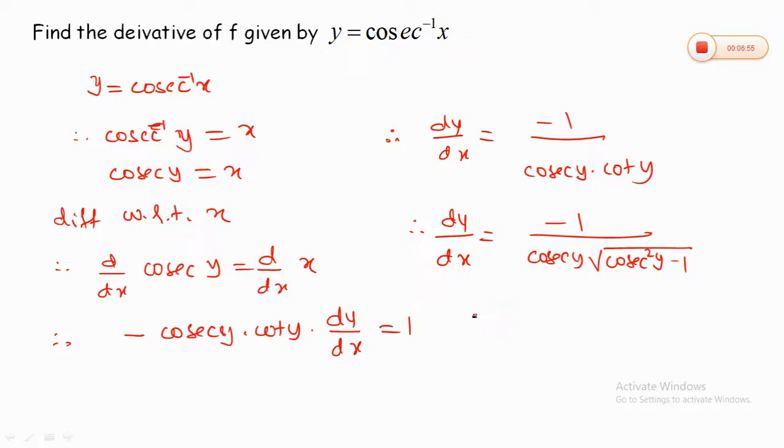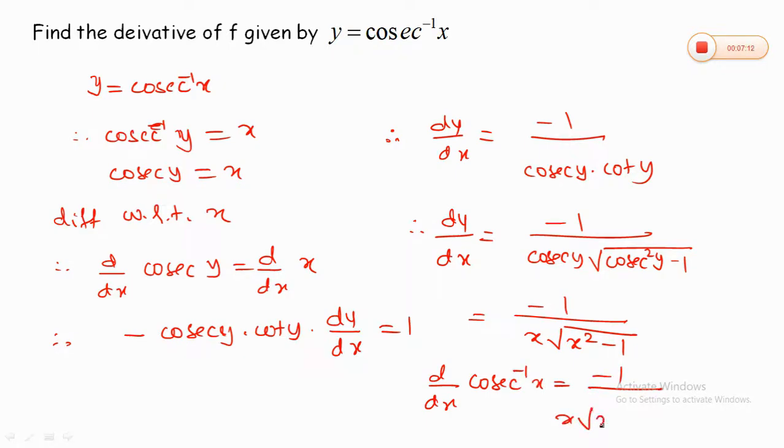So this equal to minus 1 upon x root of x square minus 1. Rewrite this one: dy dx of cosec inverse x equal to minus 1 upon x root x square minus 1. Remember this one.